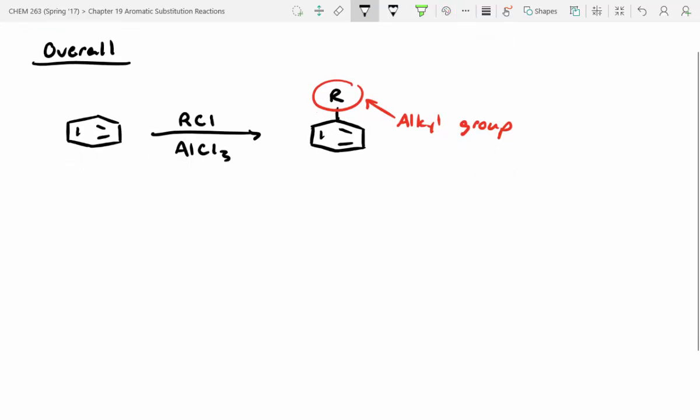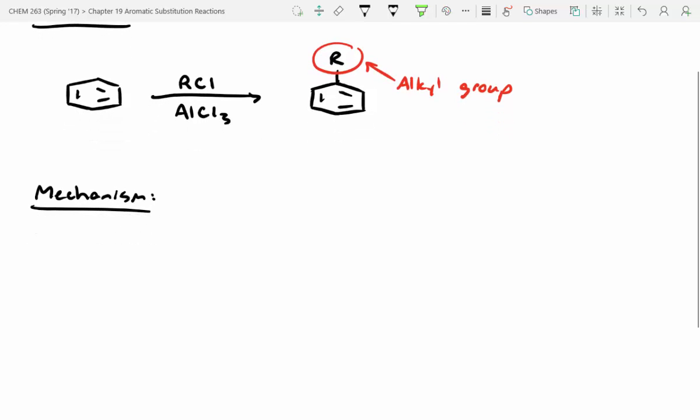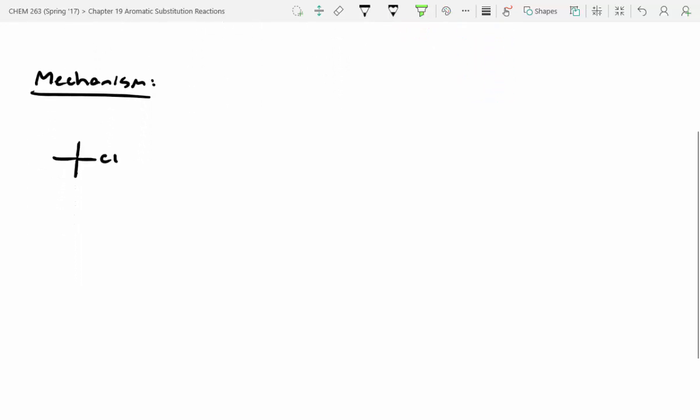Okay, so now let's take a look at the mechanism. So I'll use tert-butyl chloride, and we're going to react this with our aluminum trichloride, which we know has that empty p orbital, which makes it a really good Lewis acid.